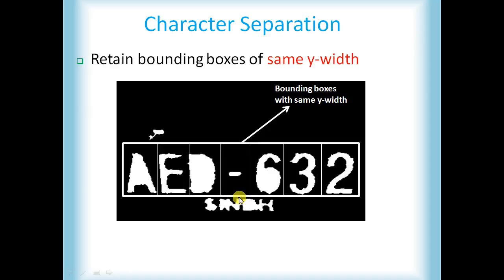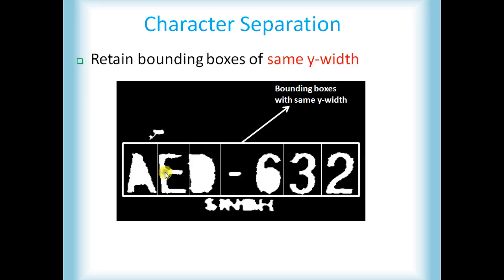The next step is character separation. We use the bounding box method here. All the bounding boxes are considered, and we exploit a particular property of the number plate to separate the characters. As you can see, each character here is almost of the same width and same height.